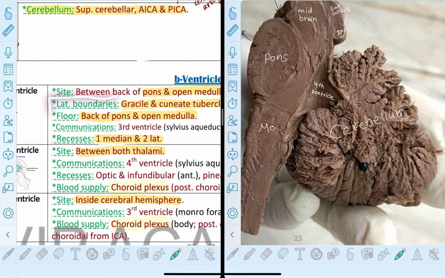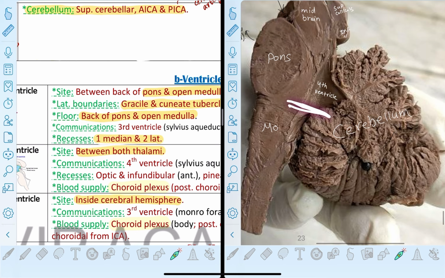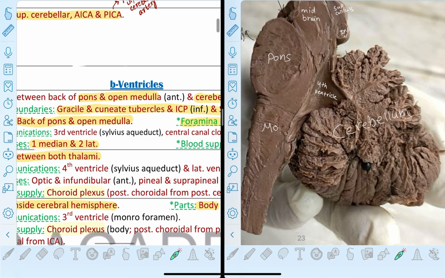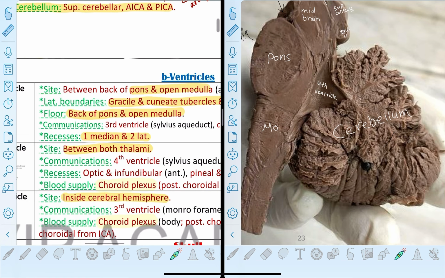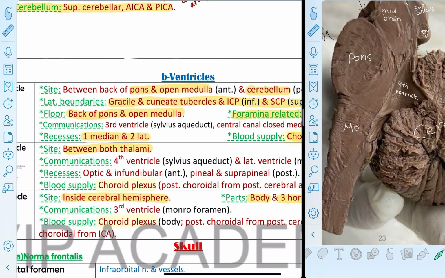Next is lateral boundaries. Before this, let's do the floor, because we've understood the site and can know what floor they're talking about. The back of the pons is the floor, right? So the back of the pons and open medulla is the floor of the fourth ventricle. Then let's come to lateral boundaries.